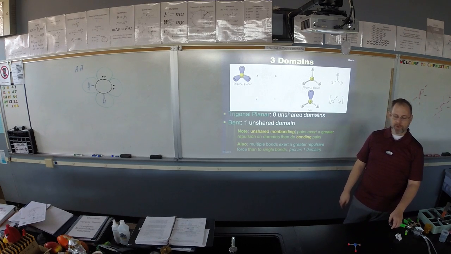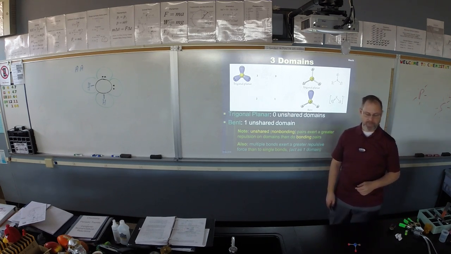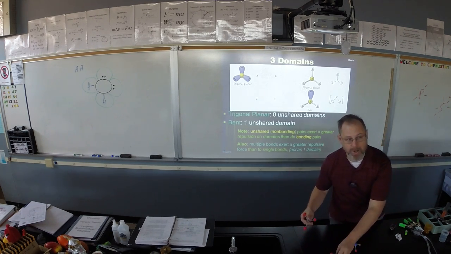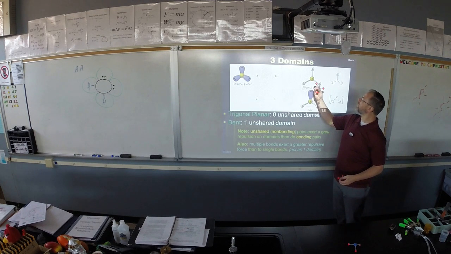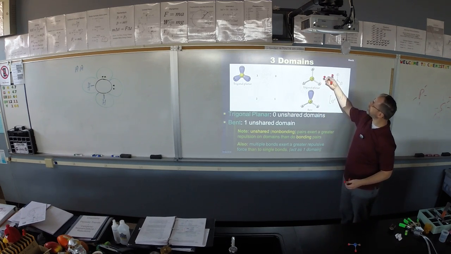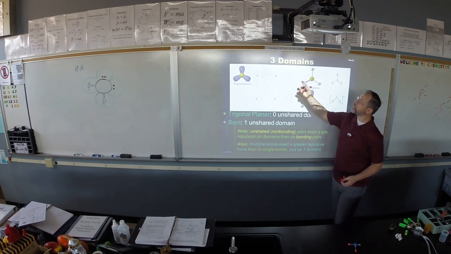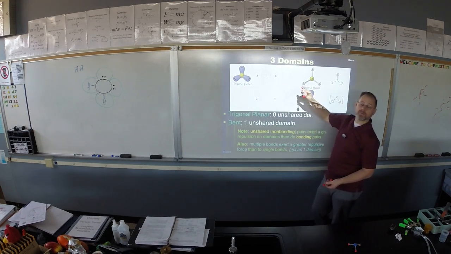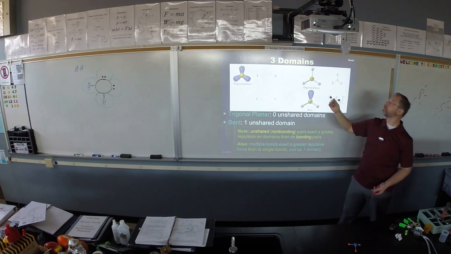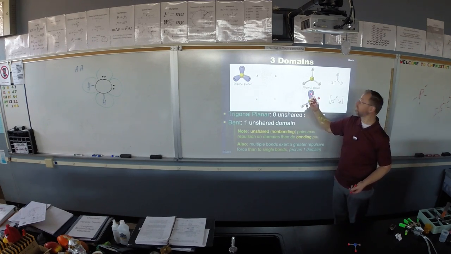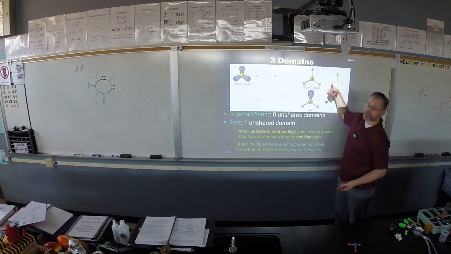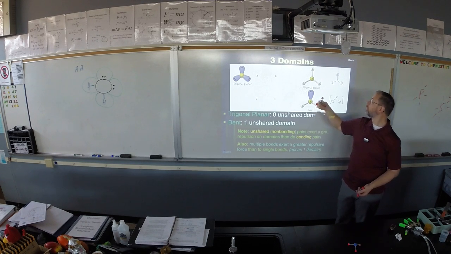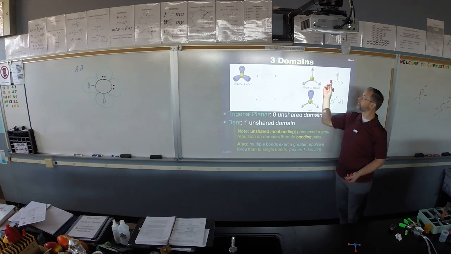So, if you had 3 domains and all of them were bonding, your molecular geometry would also be trigonal planar. So if you had 3 domains overall, your fundamental geometry is trigonal planar. If all of those domains were bonding, then the geometry of your molecule would also be trigonal planar, like that.